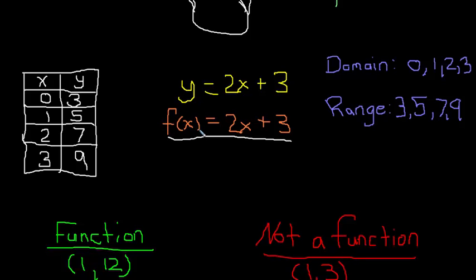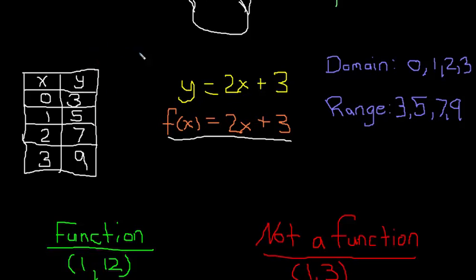And really what that means is that whatever this is, so in this case y, it's a function of x, meaning that it depends on what you plug in for x. So for instance, if I plug in 0 here, I get 2 times 0, which is 0, plus 3, which is 3. So this, my y value, becomes 3 because I plugged in 0 for x. So again, your y depends on what you plug in for x.